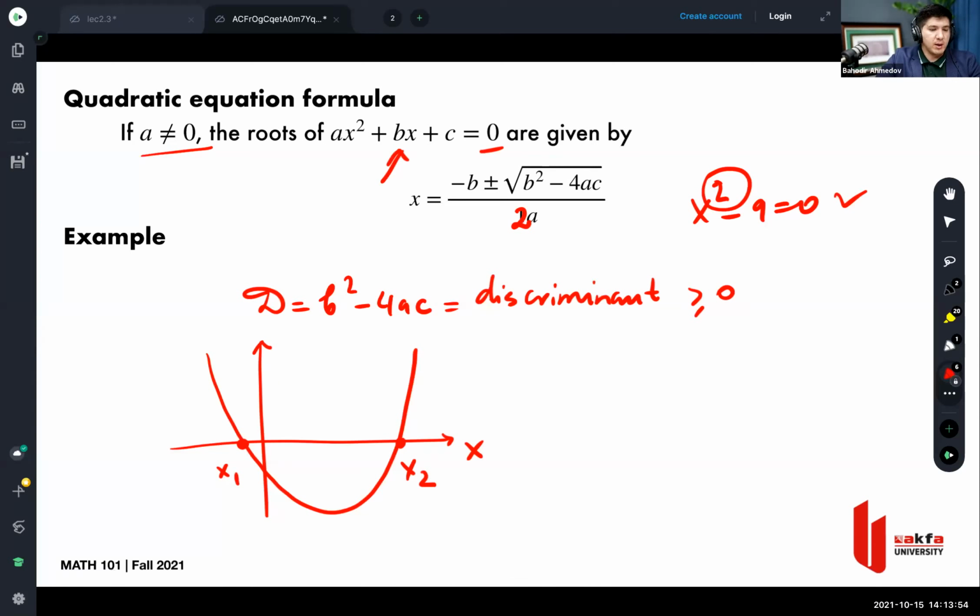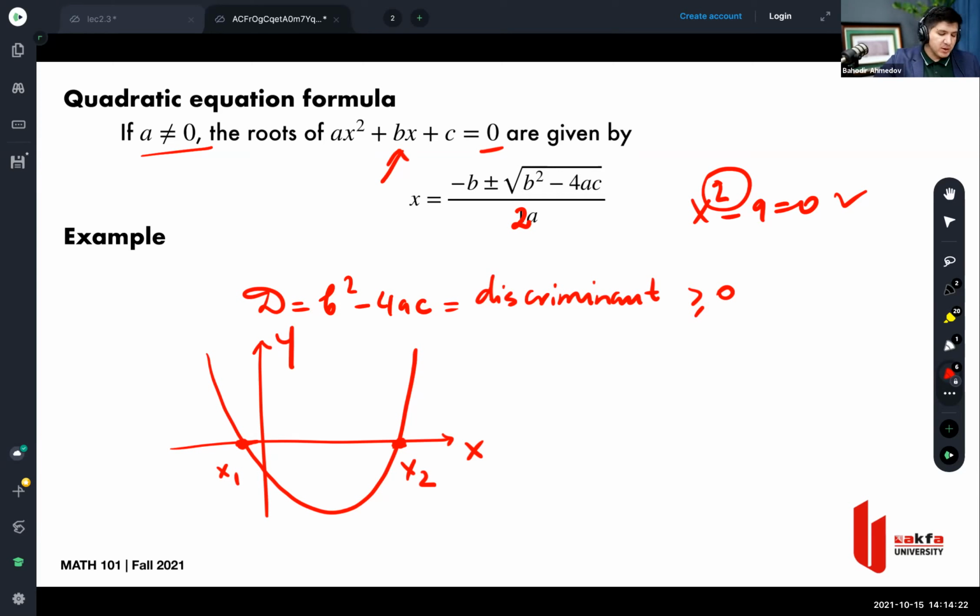So you are basically crossing the x-axis. At this point x1 and at this point x2, y is equal to 0, right? That is why sometimes we call these the zeros of the equation. You're finding the points where your curve is crossing the x-axis. So this is what the root or the solution of the equation means geometrically.